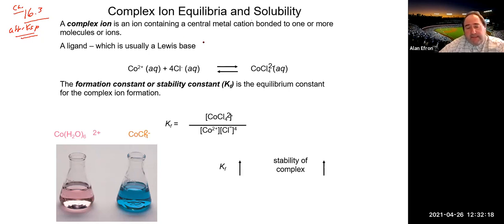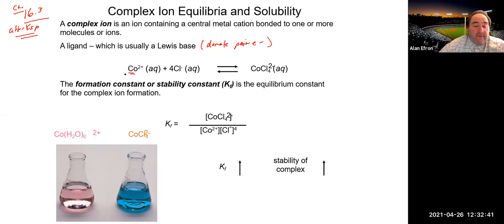Ligands are Lewis bases, which means they're going to donate a pair of electrons. You can think of our metal as being more like the Lewis acid. It has a positive charge, usually a pretty good one, meaning that it's fairly electron deficient, willing to accept those electrons.